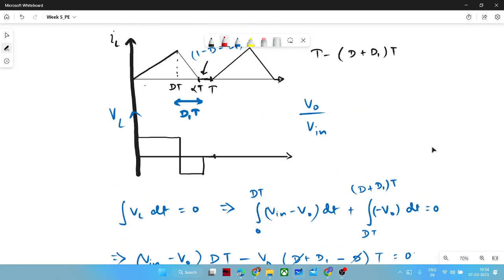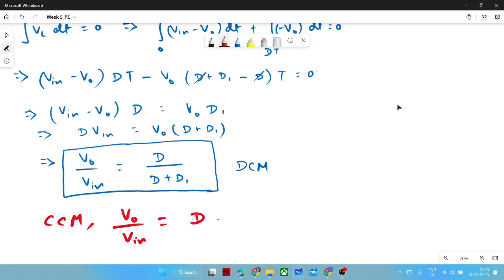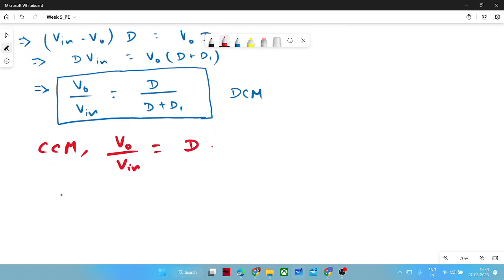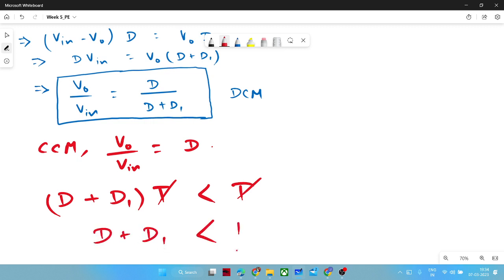Now you can see dT plus D1T is less than T, right? So let me write it for you. So (D plus D1)T is less than T. What does it imply? D plus D1 is less than 1.